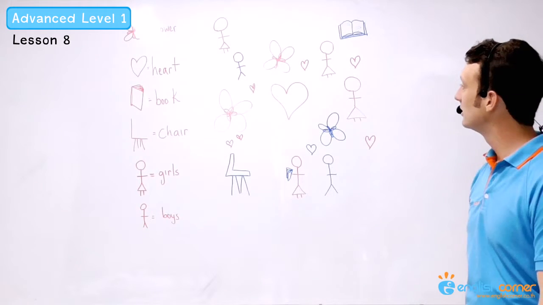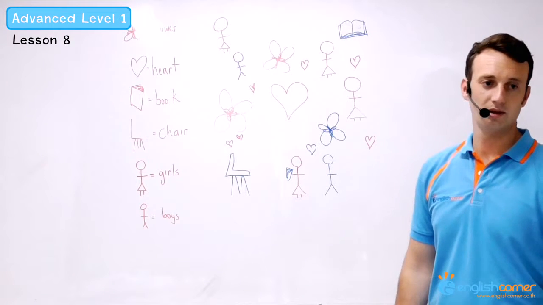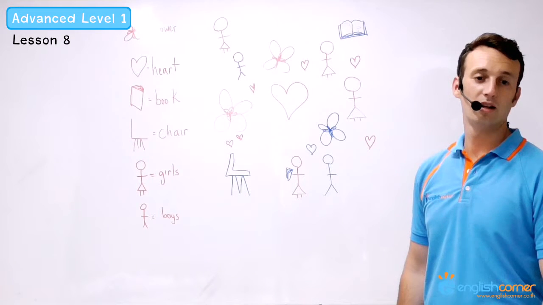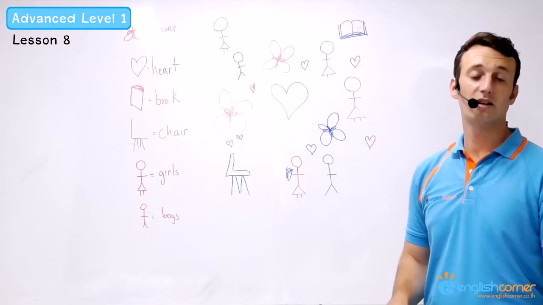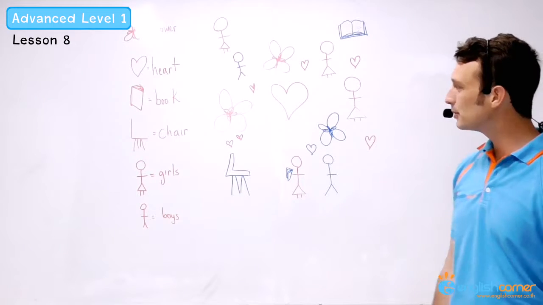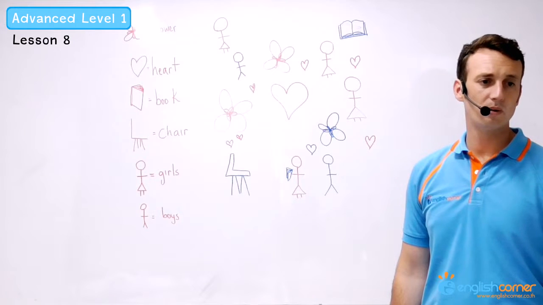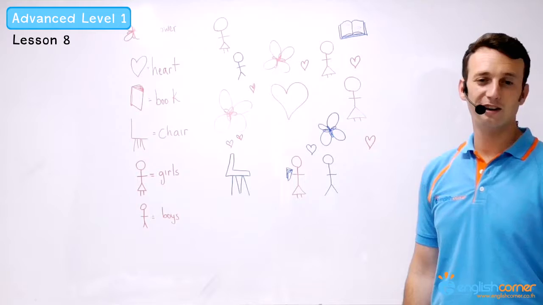How many flowers are there? 3 flowers. Can you say it in a sentence? There are 3 flowers. Very good. And how many blue flowers are there? There is 1 blue flower.